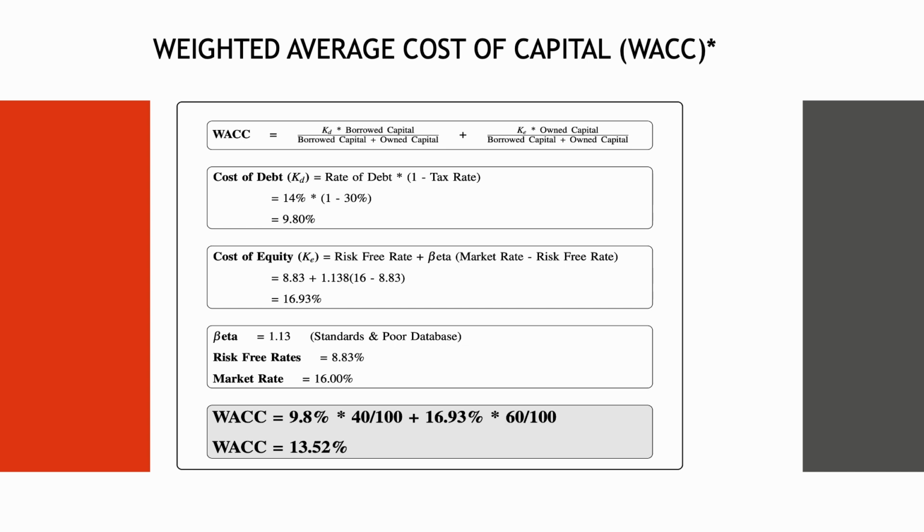The risk-free rate is what the promoter could have gotten had he or she invested in risk-free government bonds. So let us say you have this 40 million, and if you were to just put it in a AAA certified government bond, which is backed by sovereign bond, that is risk-free pretty much. And let's say that is 8% or 8.83%. So that's your risk-free rate.